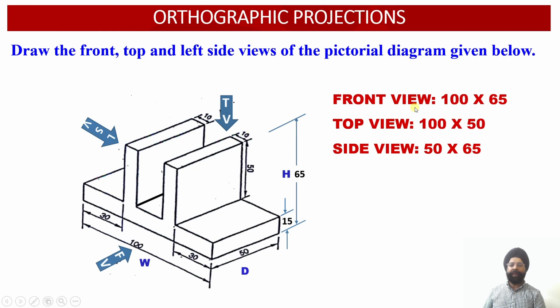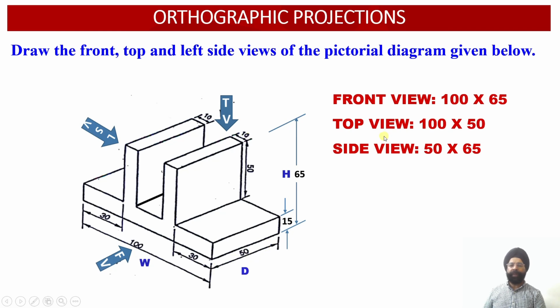So the front view dimensions are 100 millimeter by 65 millimeter, whereas in the top view we are again going to see the width of the solid, equal to 100 millimeter, and besides the width we'll also get the depth of the solid equal to 50 millimeter.